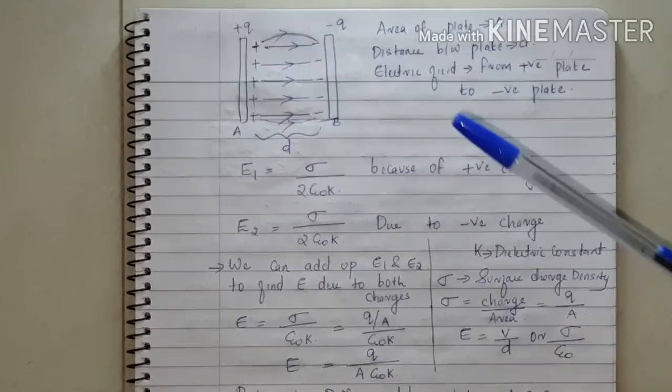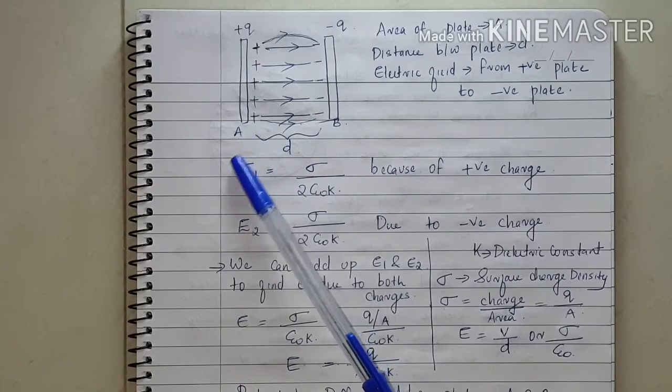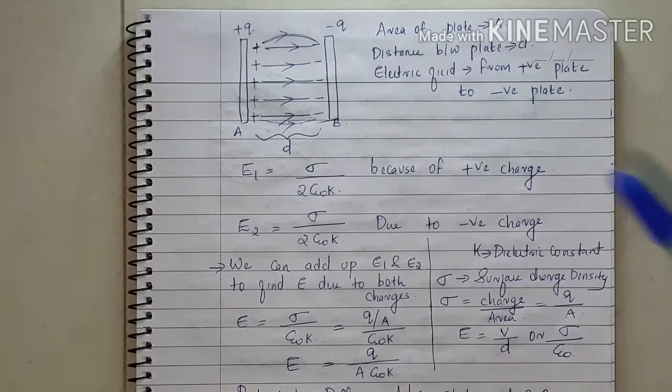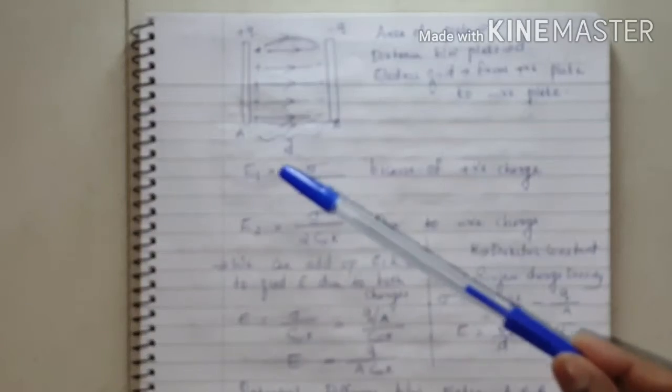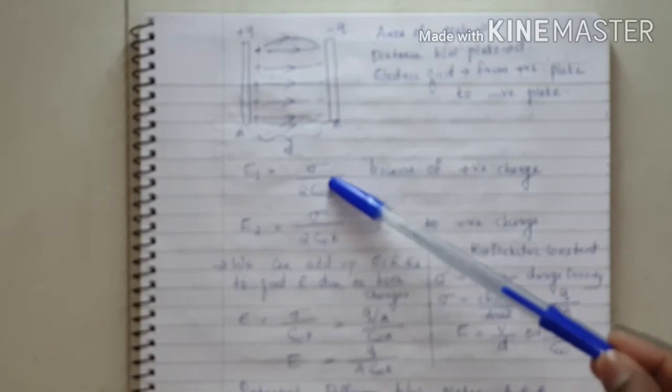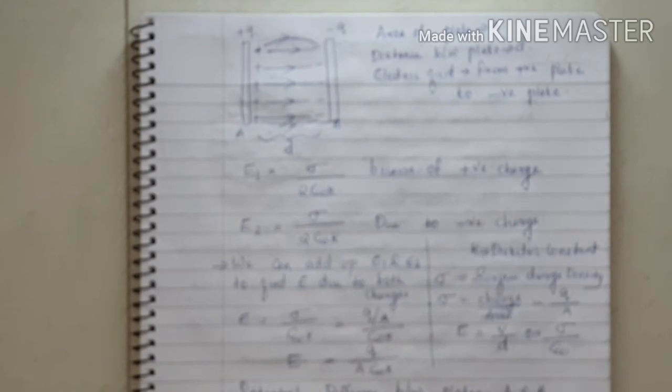This electric field is directed from the positive plate A towards the negative plate B. Let us consider E1 as the electric field because of positive charge, which can be written as E1 equal to sigma by 2 epsilon 0 K, and E2 as the electric field due to negative charge, which is equal to sigma by 2 epsilon 0 K, and sigma is the surface charge density, which is charge per unit area, equal to Q by A.